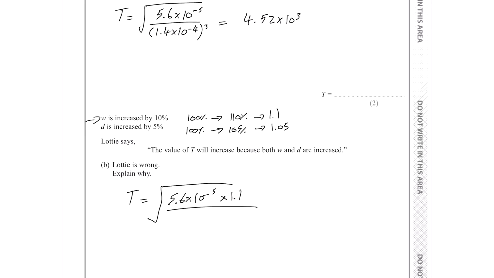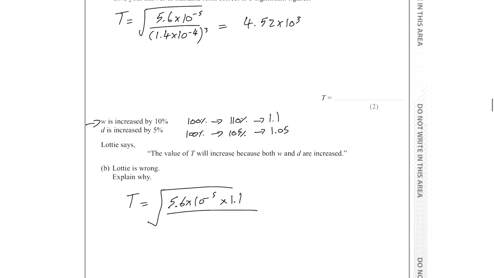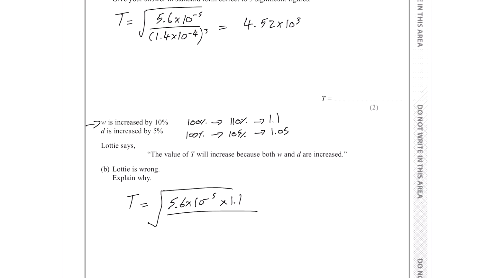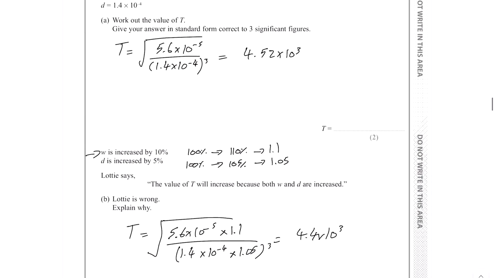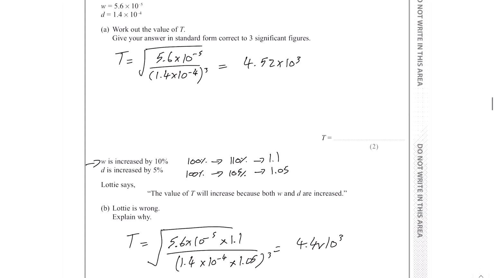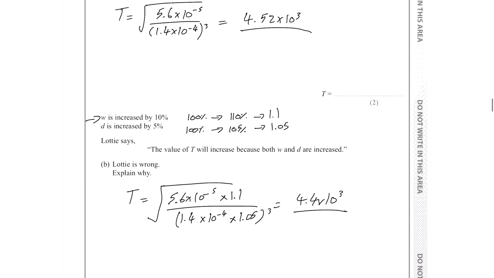And at the bottom, you need to be a little bit careful because it's d cubed, so d is what's been increased, so it's 1.4 times 10 to the power of minus 4 times 1.05 because d is now increased by 5%, and then you're going to cube it. So that then becomes 4.4 times 10 to the power of 3. And now you can see that it has been decreased and not increased.